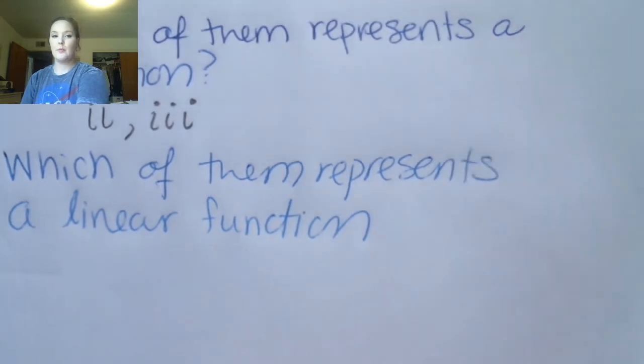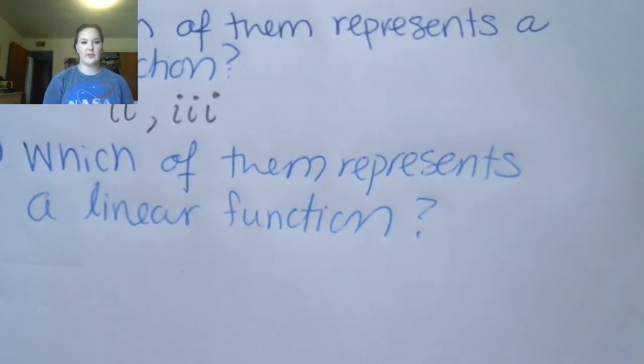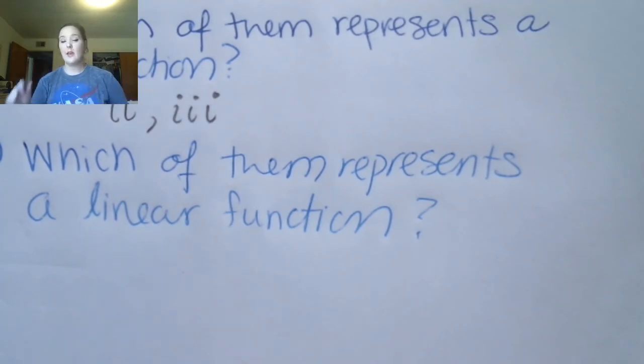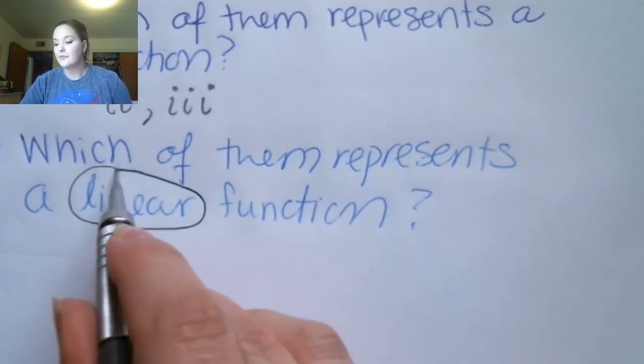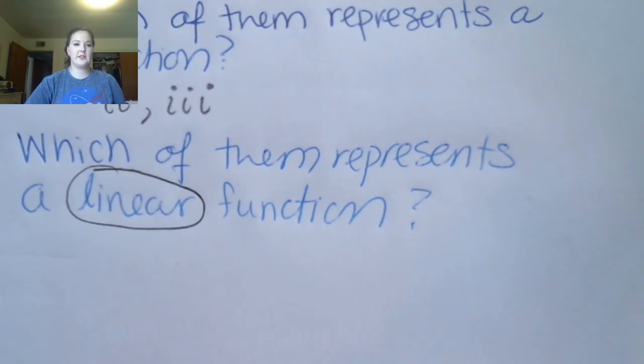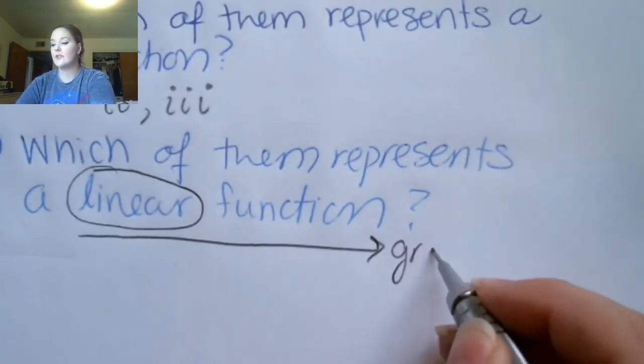Part B is asking which of them represents a linear function. Now it can't be 1 because 1 isn't any function. This is asking specifically if any of these is a linear function. Well, what does it mean to be a linear function? It just means that the graph is a line.